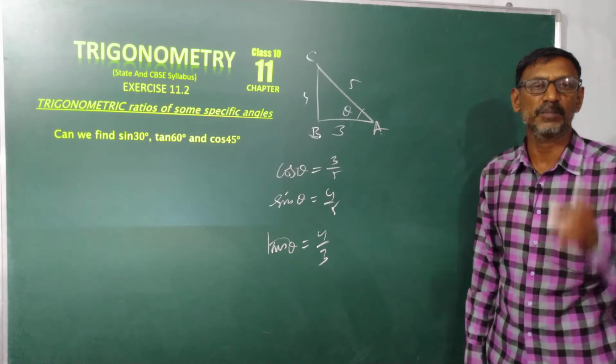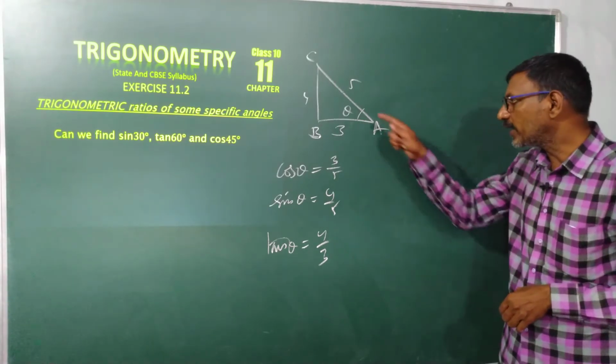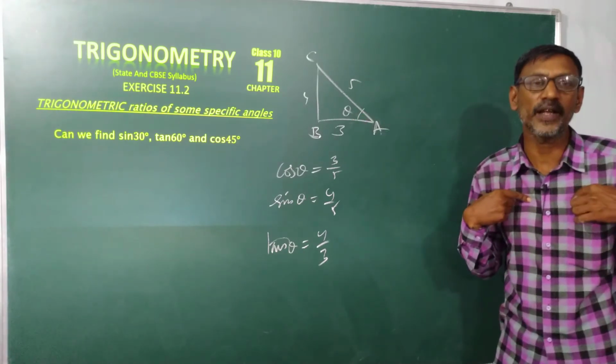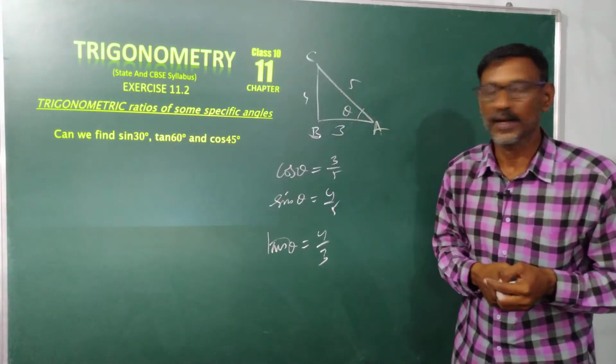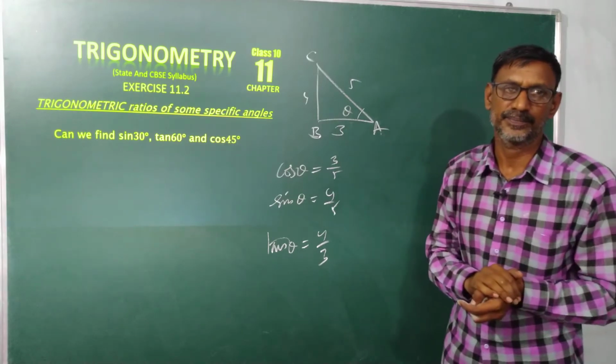I already explained this in the first class. But here we don't know the angle. If I now know the angle, that means some specific angles like 30 degrees, 60 degrees, 45 degrees, whatever.